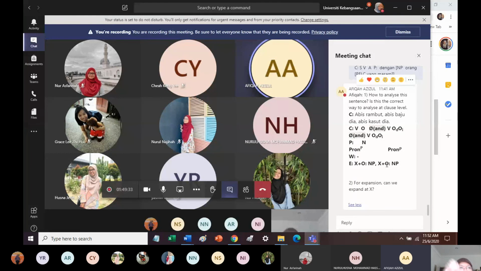But you actually coordinate the sentence. Macam ni coordinate lah ni. Dia coordinate tapi in a list. We assume dia nak pakai N dekat situ. Habis rambut, baju dan kasut dia. Sebab ada comma.